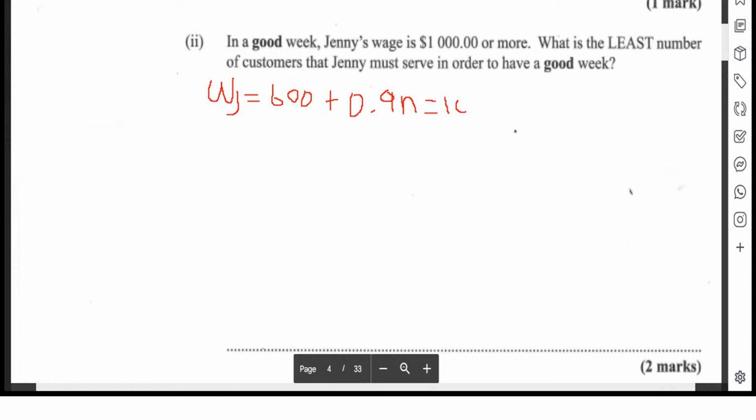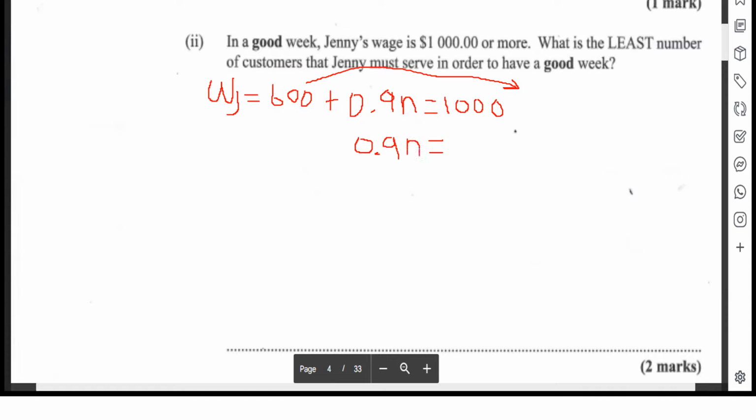So the first thing that we will do after we write the formula and equate it to 1,000 is to move this 600 over the equal sign, so it becomes minus 600. On this side, we will have 0.9n.